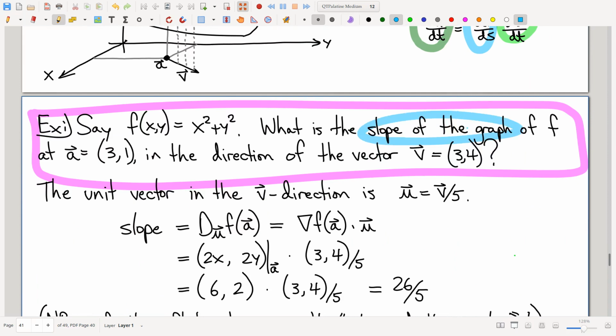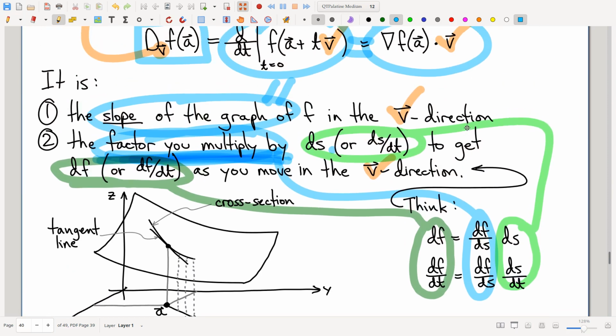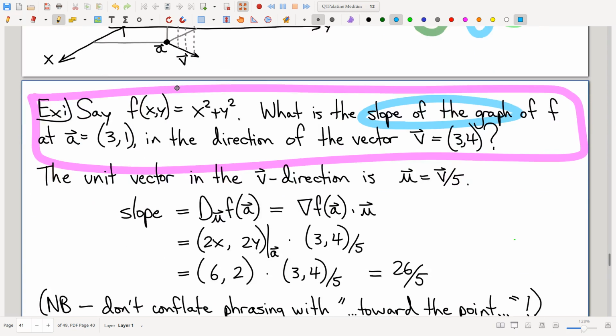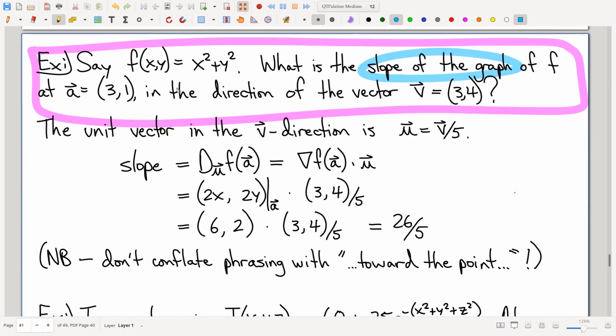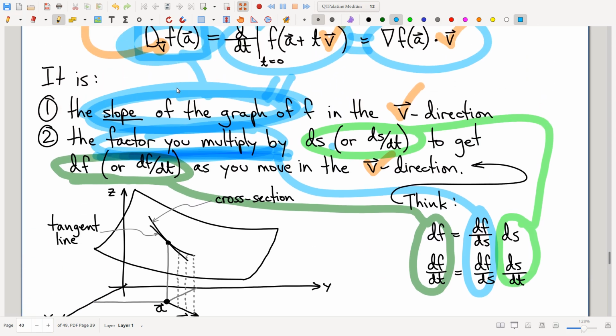The question says slope of the graph, which is one of my interpretations of directional derivative. So this question, fairly bluntly, is just asking us to compute a directional derivative. Now how are we going to do that?